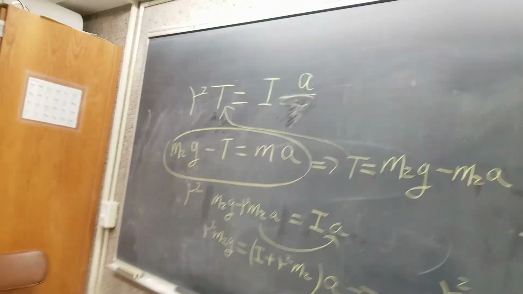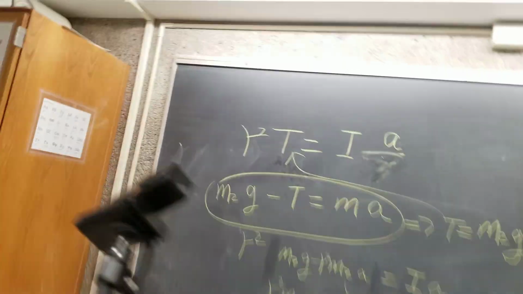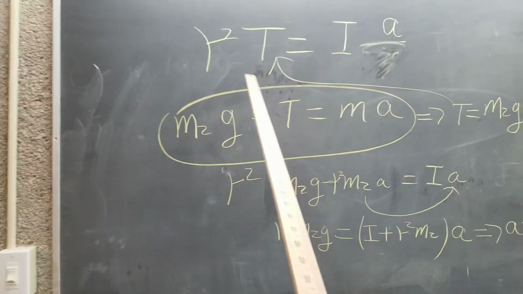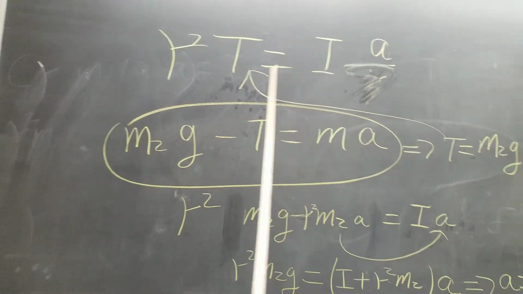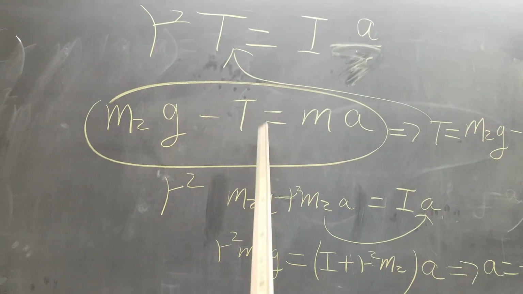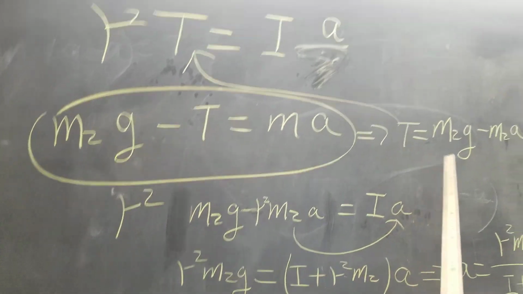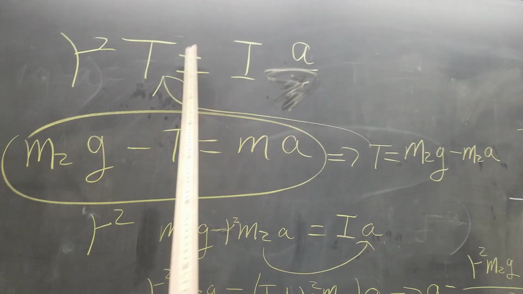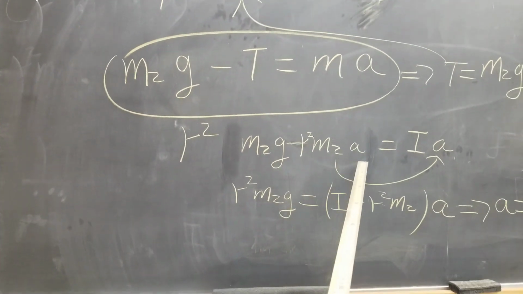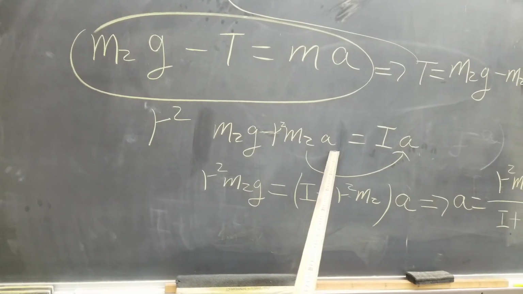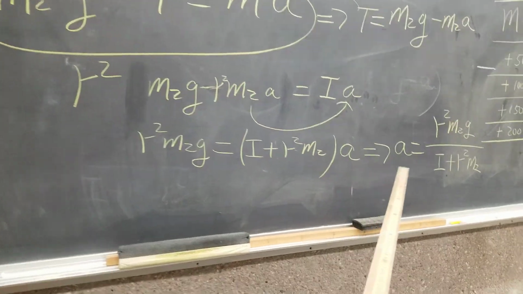Using the torque, we simplify to the first equation. And then using the hanging mass, you can solve for the tension, and plug this tension into this equation. We're left with one equation where the only unknown is the acceleration a, and we can solve for a.